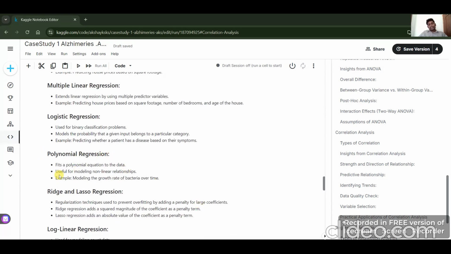Polynomial regression fits a polynomial equation to the data, useful for modeling nonlinear relationships. Example: modeling the growth rate of bacteria over time.